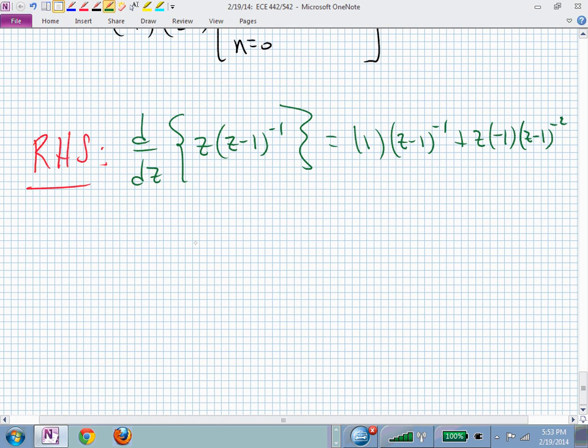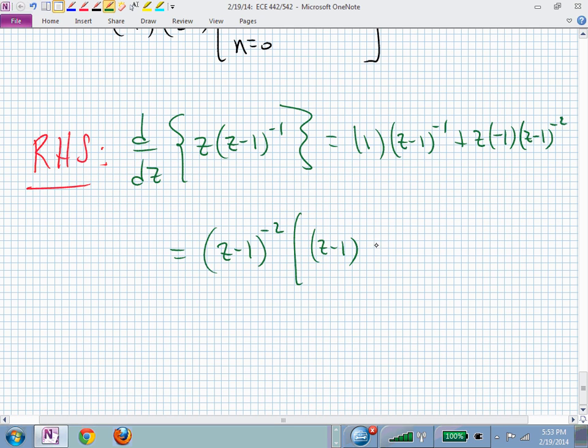But this now I can rewrite. I can factor out a common z to the minus 1 to the minus 2 power. And I now have a z to the minus 1 times z to the minus 1 to the minus 2 gives me the z to the minus 1 to the minus 1.